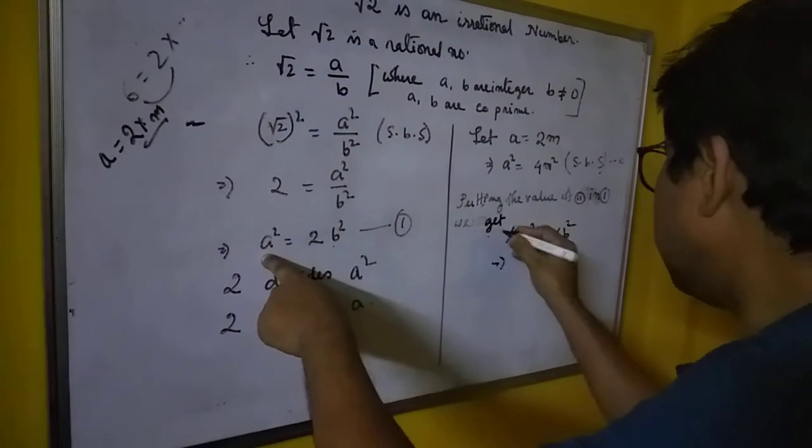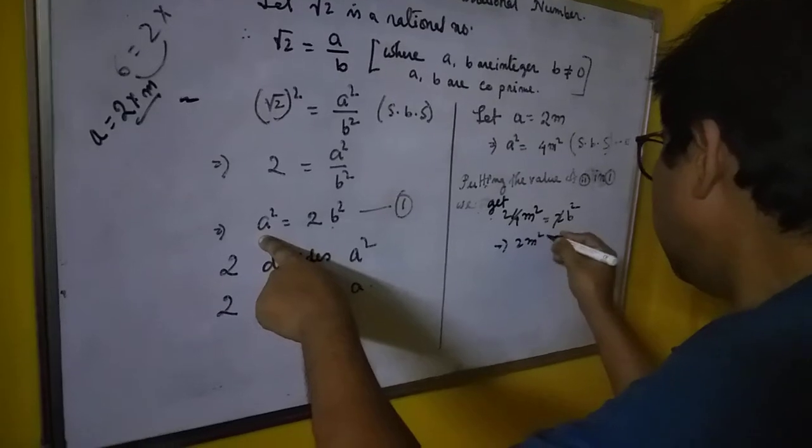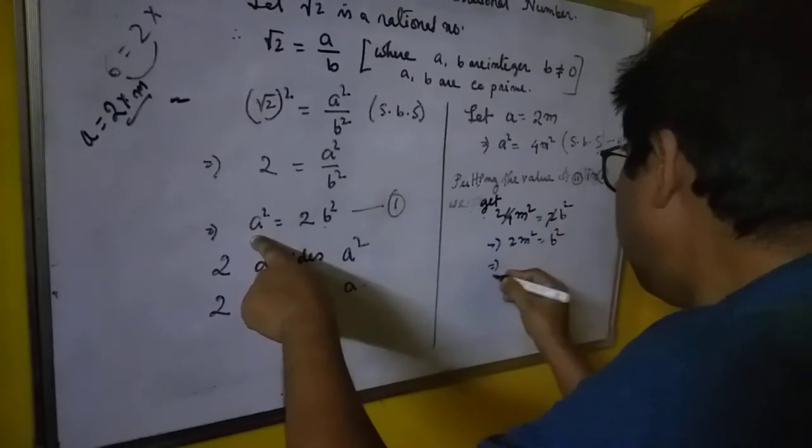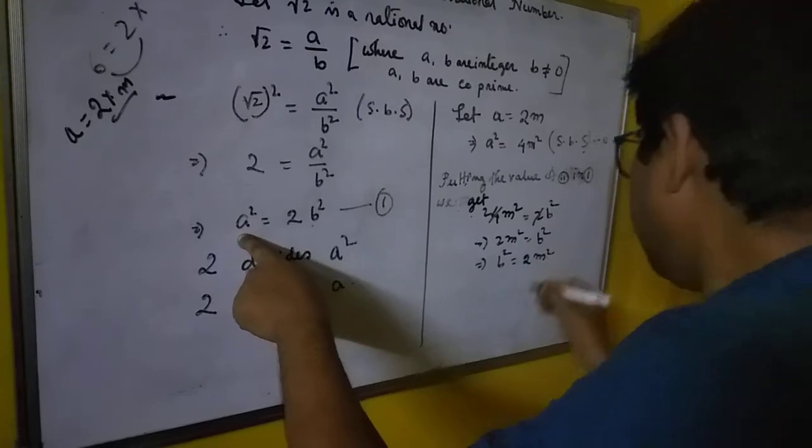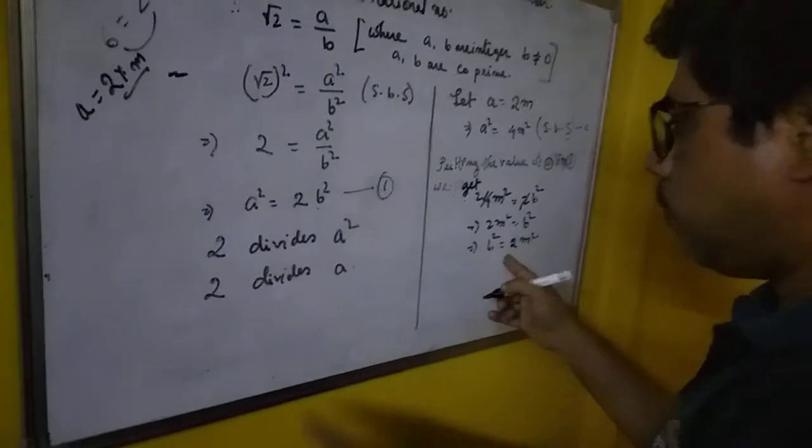Cut this, what will we get? 2m squared equals b squared. That means b squared equals 2m squared.